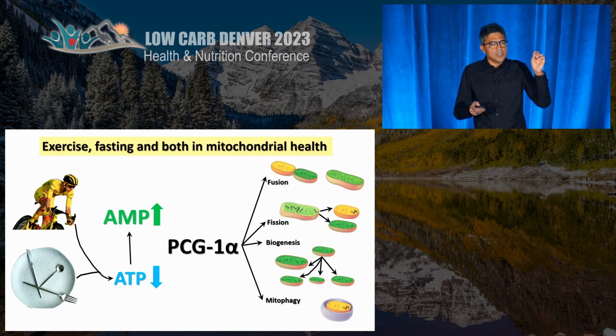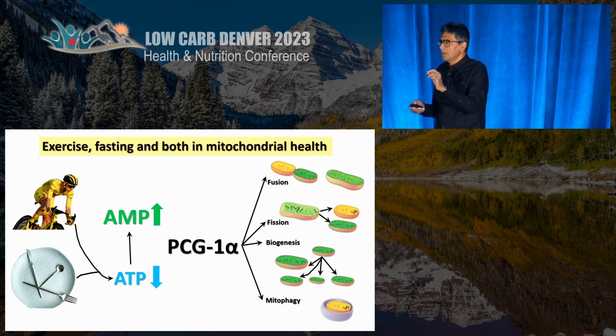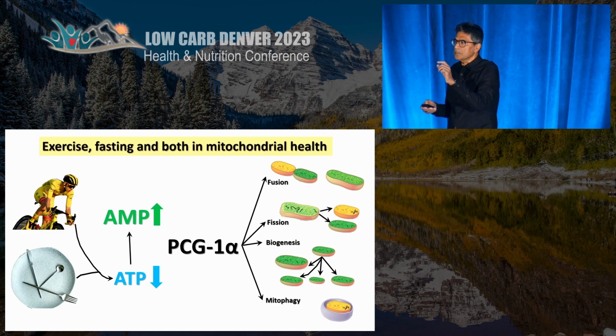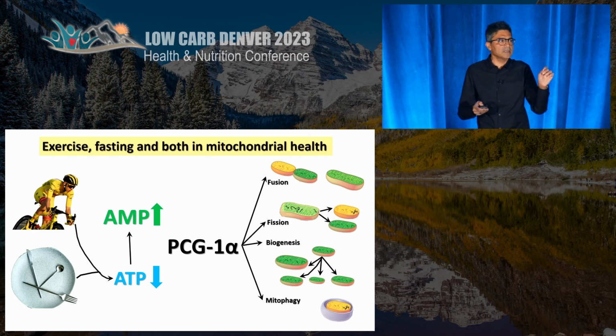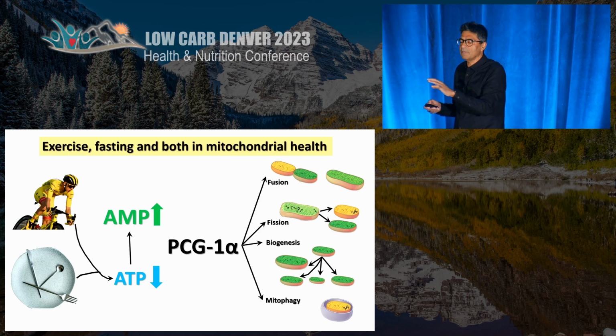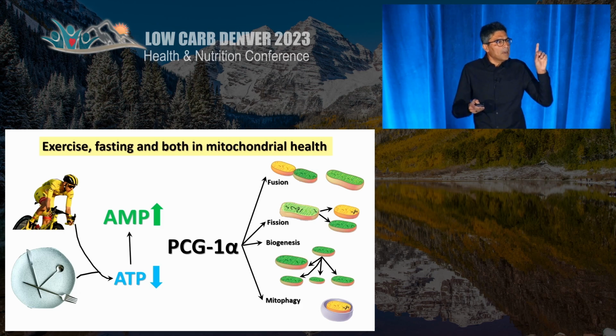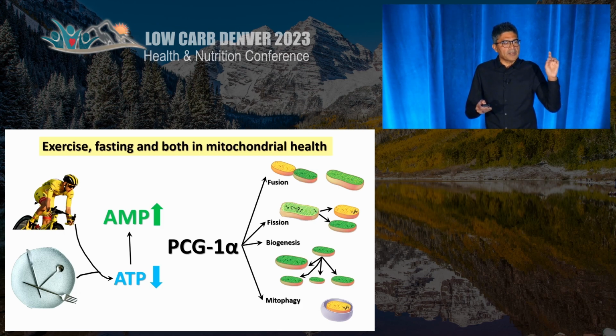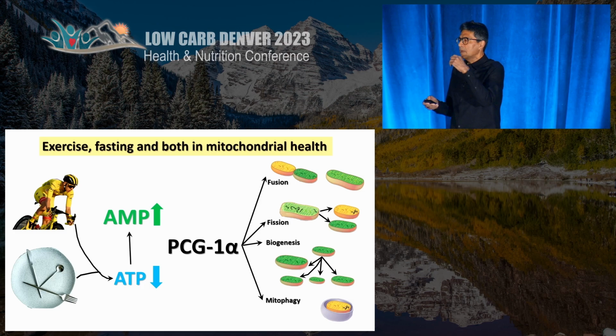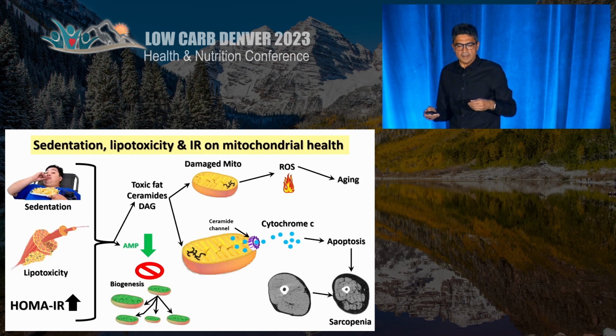And this gives a strong signal to the cell to start producing the master mitochondrial biogenesis factor, which is called PGC1 alpha. You don't need to remember that. But it initiates mitophagy. It also initiates fusion, fission, and creates more mitochondria.